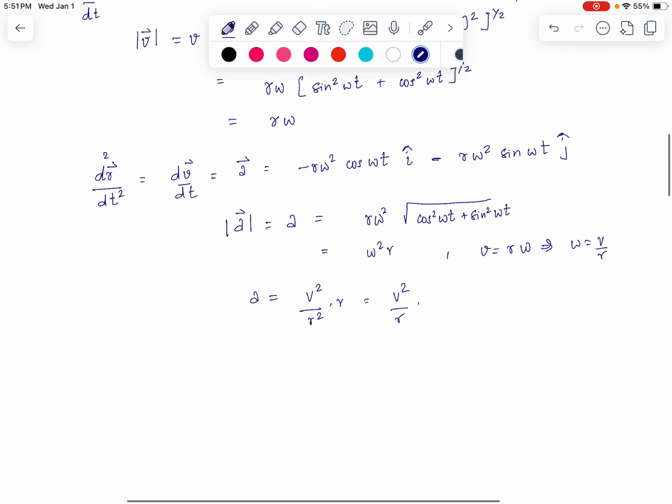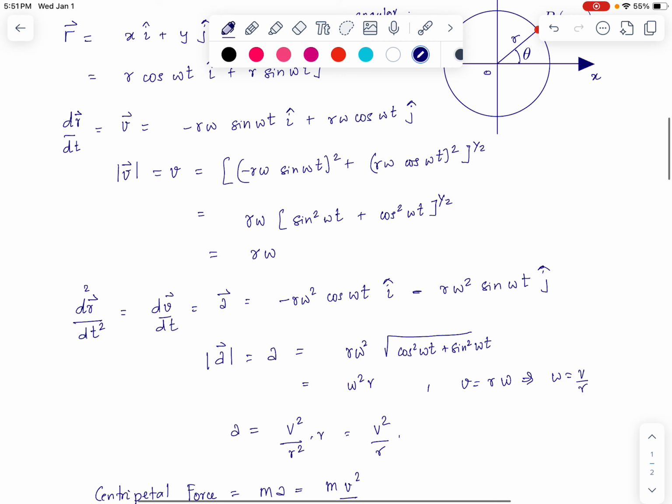And therefore the centripetal force equals mass times acceleration, and that is m times v squared over r. So this is the well-known formula for the centripetal force.